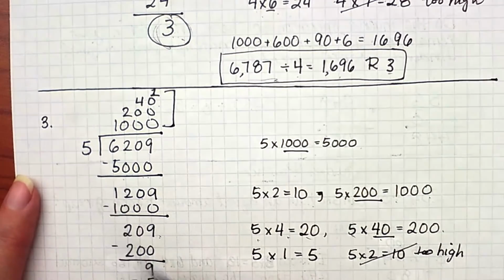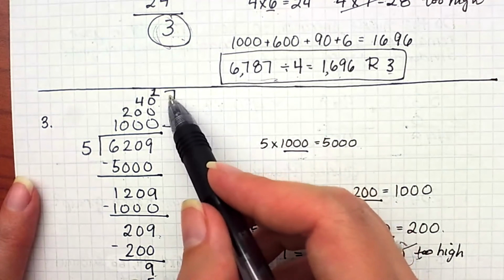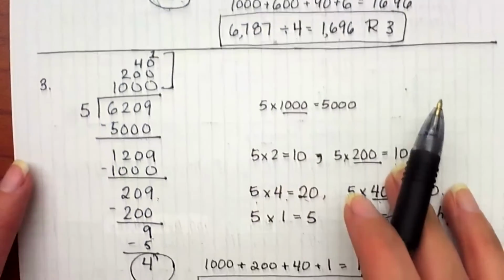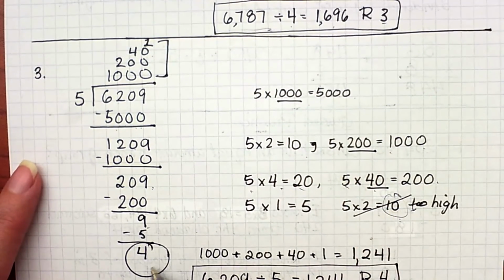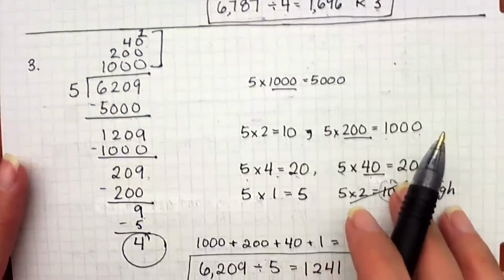Okay. How many groups of 5 are there in 9? Well, I know 5 times 1 is 5, and 5 times 2 is 10. I can't use 5 times 2 is 10 because that is too high, because that 10 is greater than the 9 that I have. So I'm going to stick with 1. I'm going to subtract off that group of 5, and I'm going to have 4 left over.